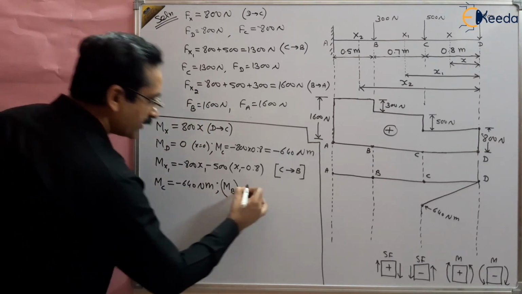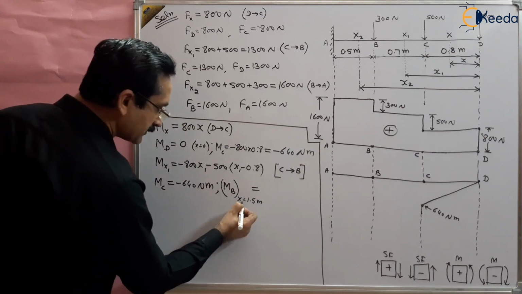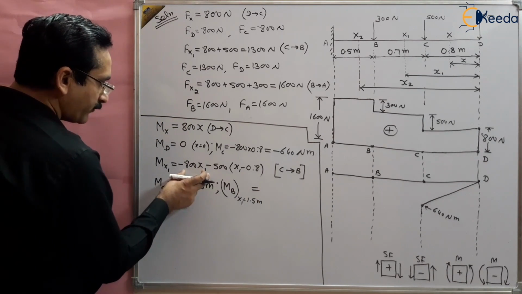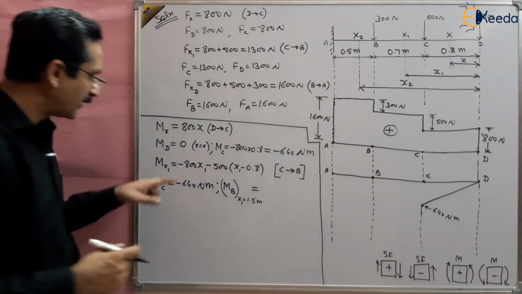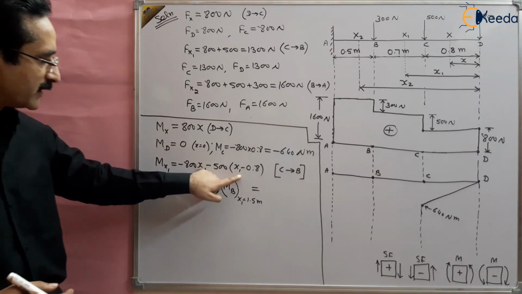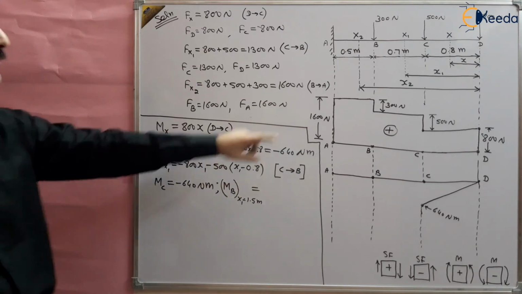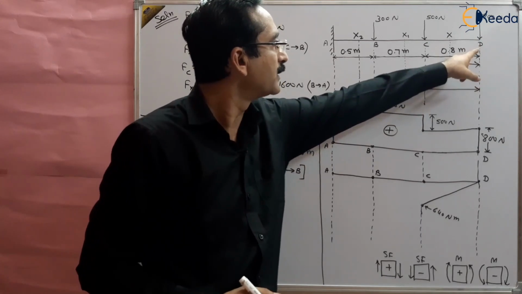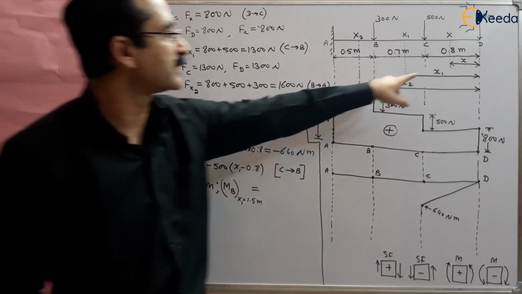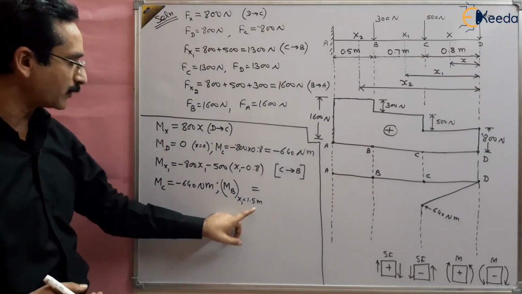Put the value of x here, 1.5, and 1.5 here as well. Why are we using 1.5? Because B is at a distance of 1.5 from D, right? Because x1 is taken from D, that's why we are taking 1.5 here, right?